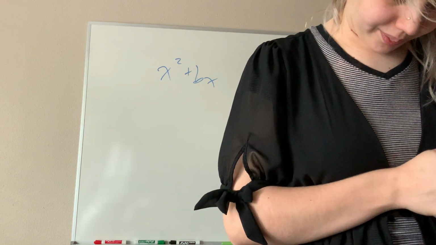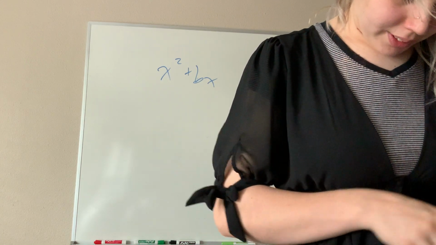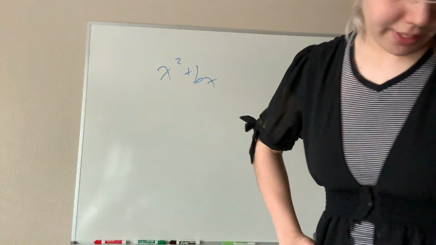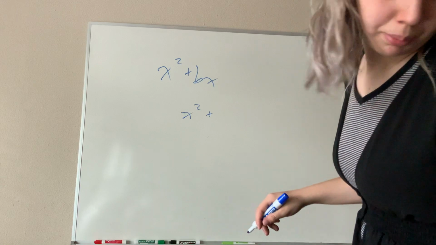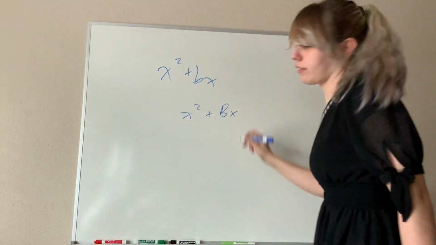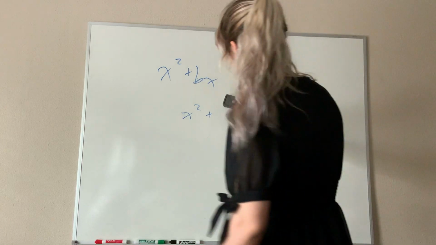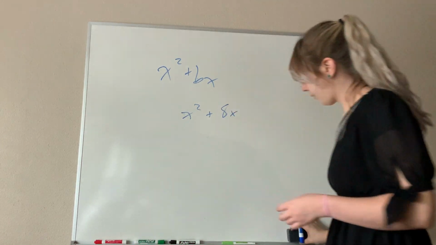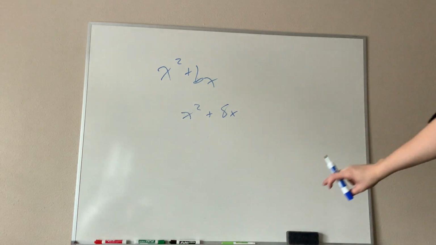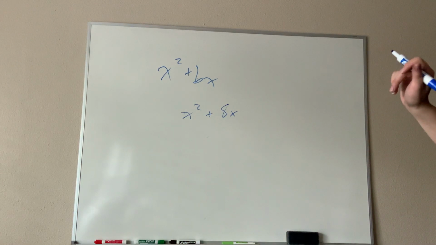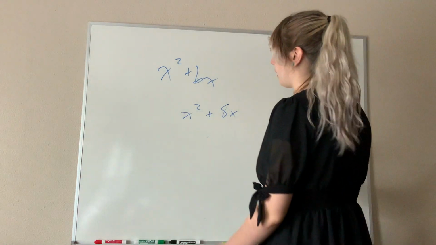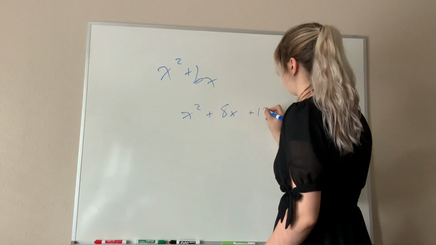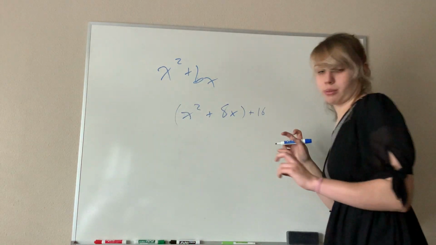So we're going to start with x squared plus 8x, and we're going to add 16 because that is what would be the perfect square.